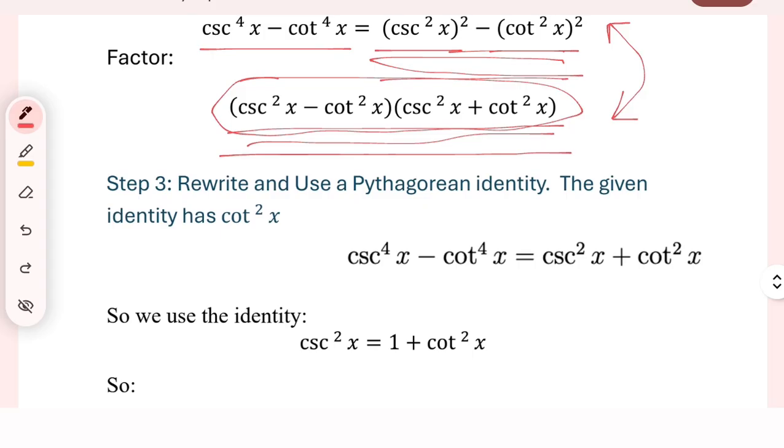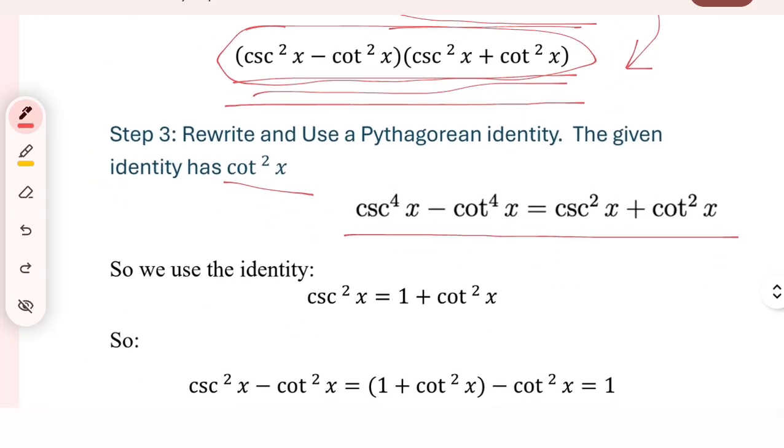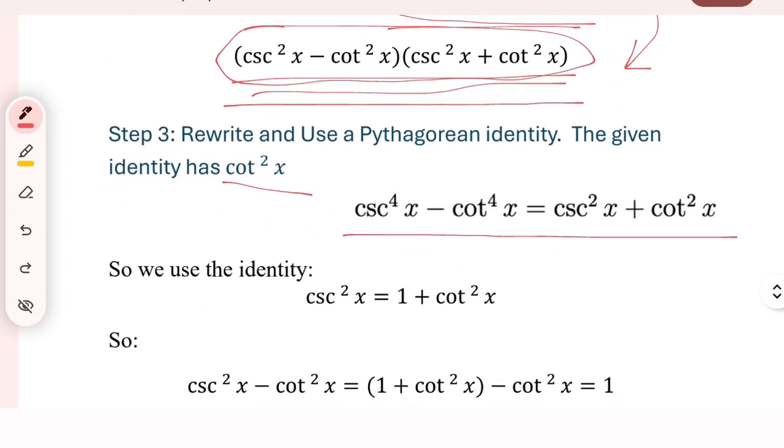You can rewrite and use the Pythagorean identity there. There's actually an identity that has cotangent square x. This is our given identity, right? So what we can do is substitute cosecant square x with this. This is the Pythagorean identity.